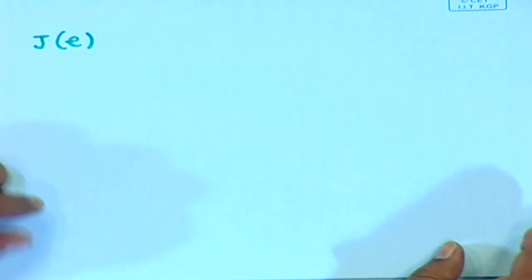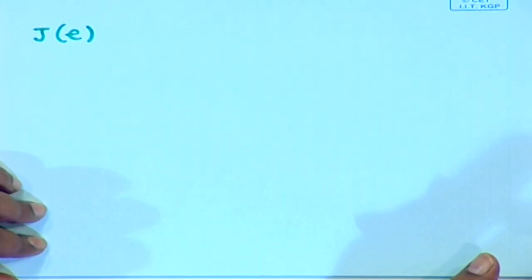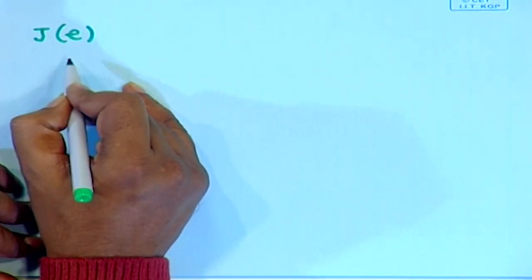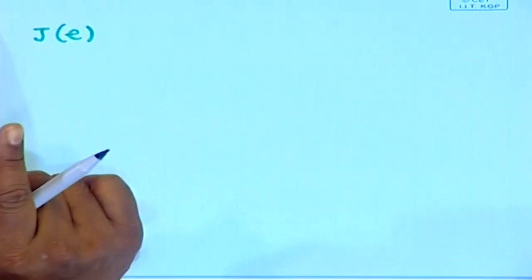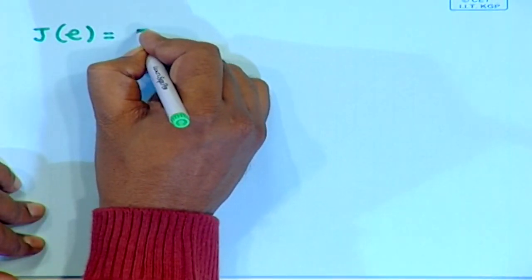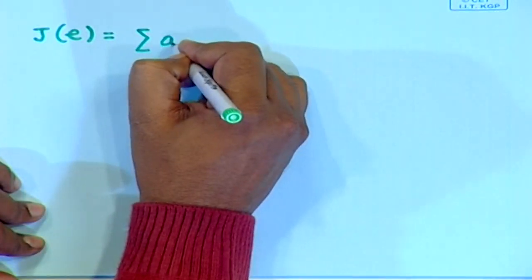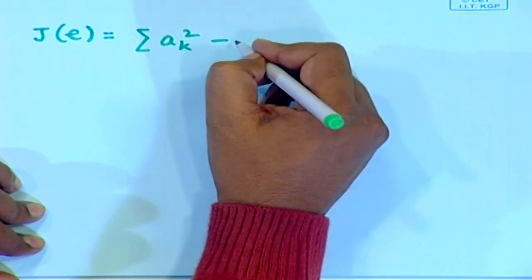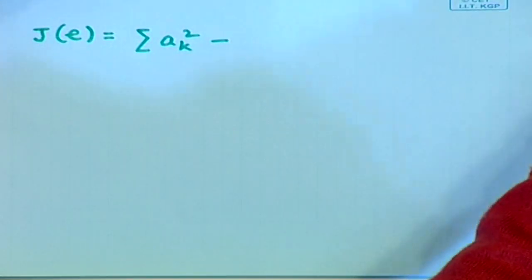That means, what should be the best E. So, I write this J, the criterion function, as a function of E. You remember, this E is not error. This is the unit vector in the direction of the line. So, J(E) is equal to summation of a_k square, minus, what did I have? What is that expression?